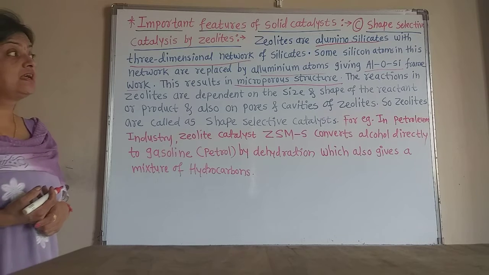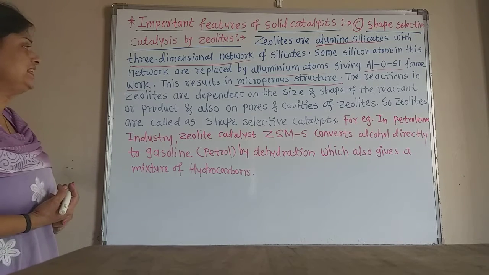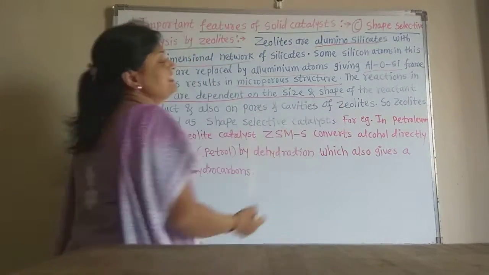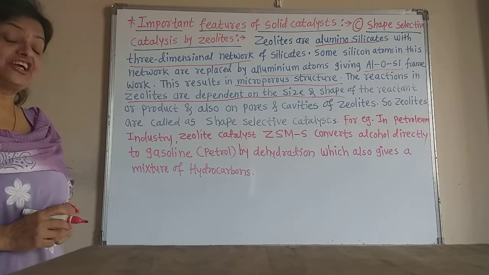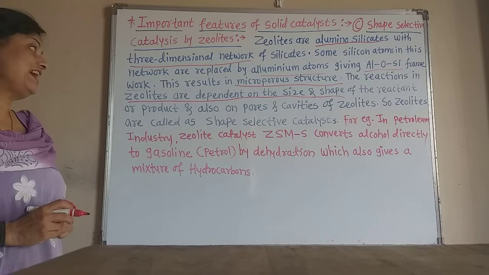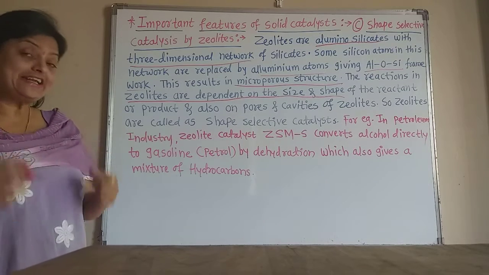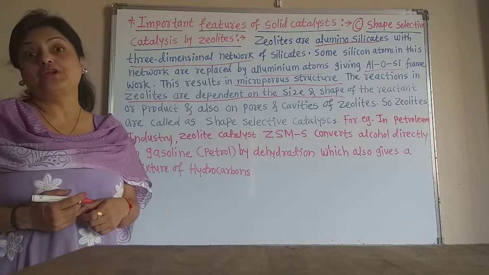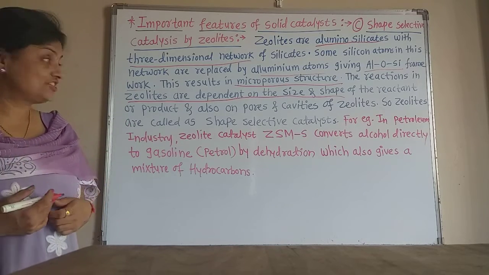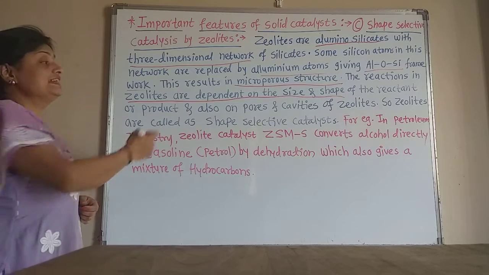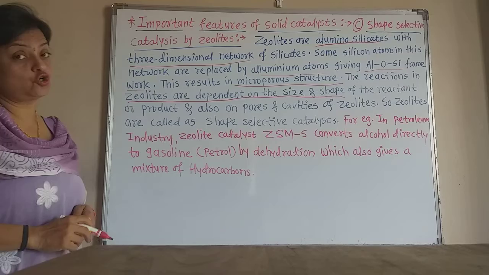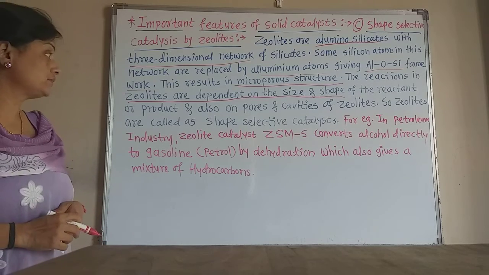So the reactions in zeolites are dependent on the size and shape of the reactants and or products. The reactions which occur on the surface of the zeolites depend on the size and shape of the reactant molecules or product molecules.